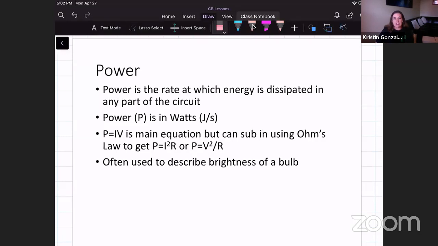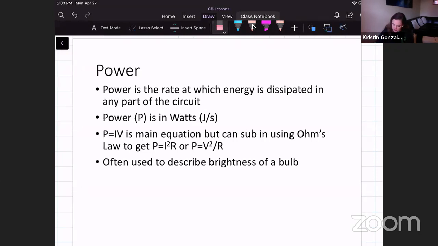And we can look at that in terms of the resistance, the current, the voltage. There's lots of different equations we can use to talk about power. It's measured in watts. The variable is capital P. Another unit we could use instead of watts is a joule per second, right? The rate at which energy is being used in the circuit or dissipated.